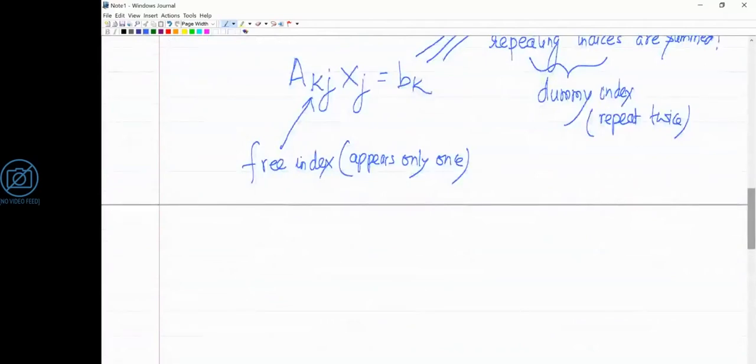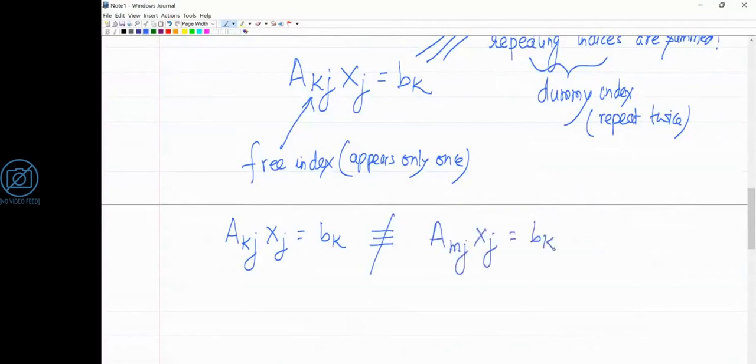And you cannot replace a free index with anything else. For example, when you have this expression a_kj x_j equal to b_k, you can't say that this is equal to a_mj x_j is equal to b_k.